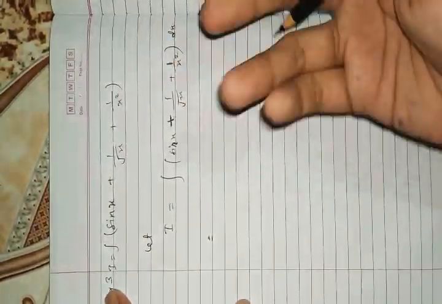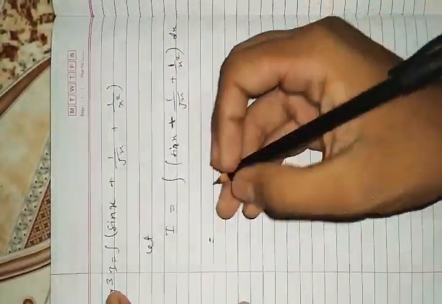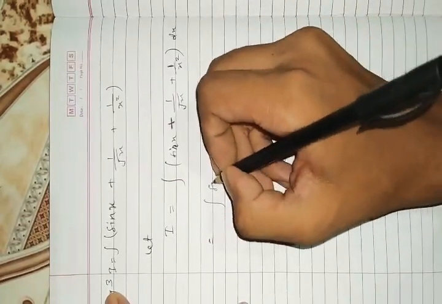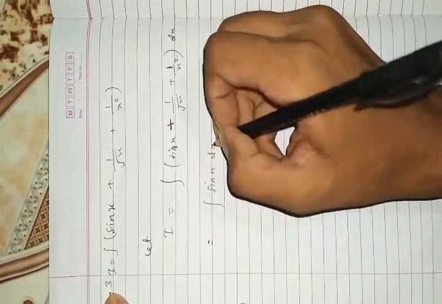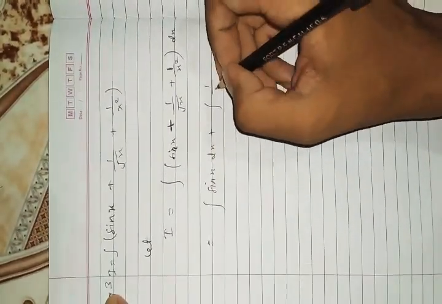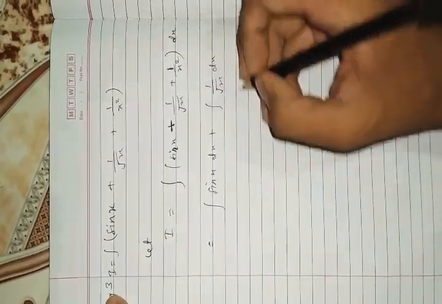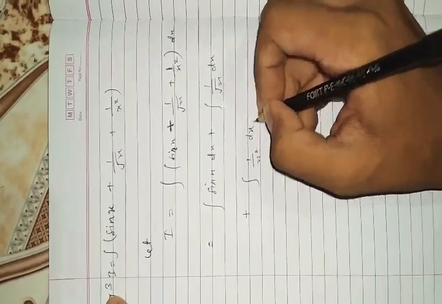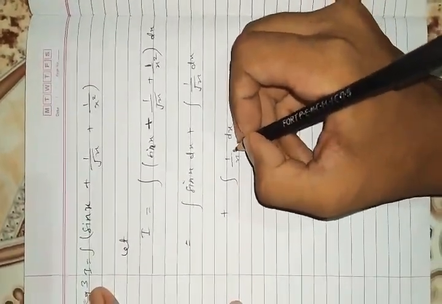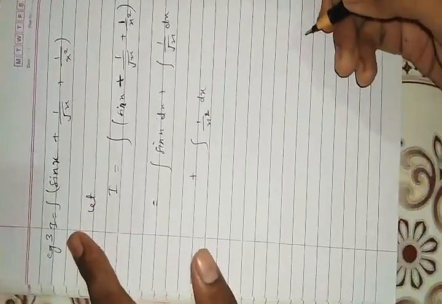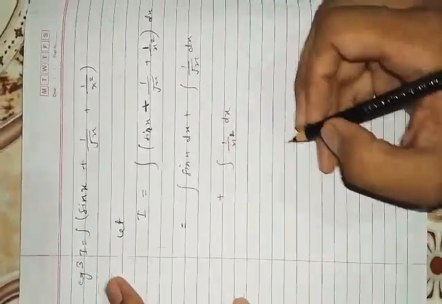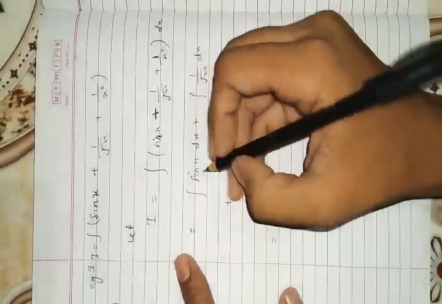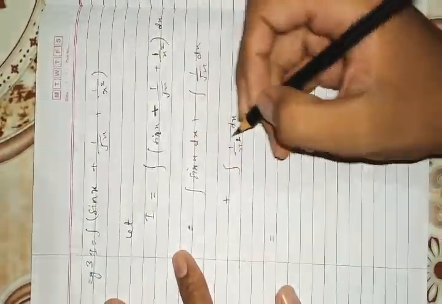And we know the property that we can separate different integrations step by step. So I will take them separately, it will be much easier to explain to you, and you need to recall the formulas which I have listed out earlier. So what is the integration of sin x?